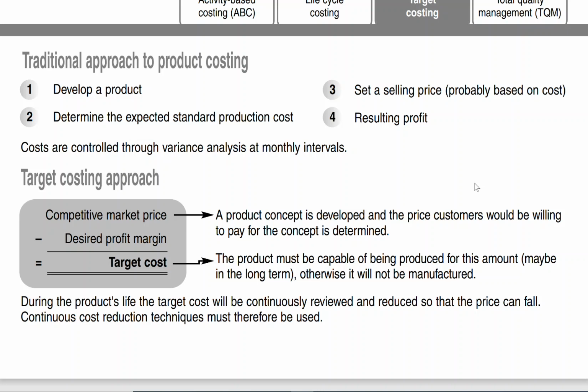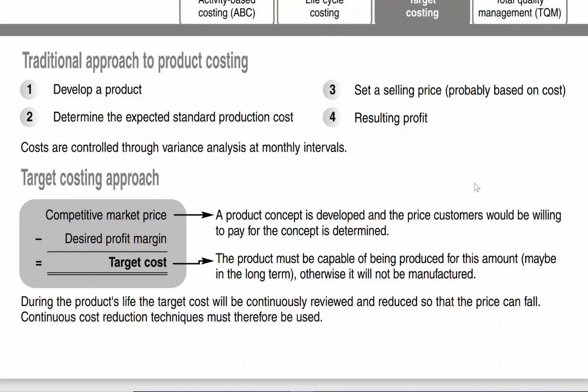Let's say I do a market survey and I believe that the price people are willing to pay would be $120. Remember that $120 will not change. This is the whole thing about target costing. The target price doesn't change. So $120 is the price at which I will be selling the product, and I want to make $30 profit.